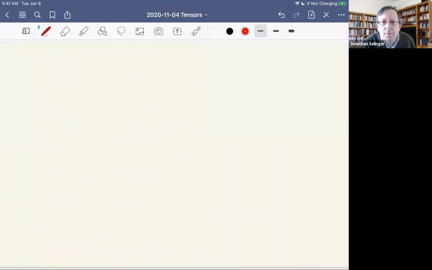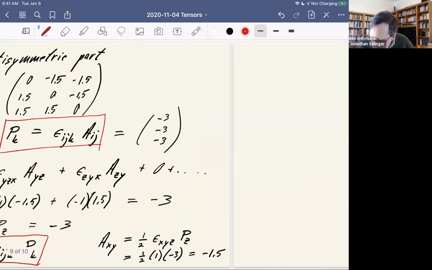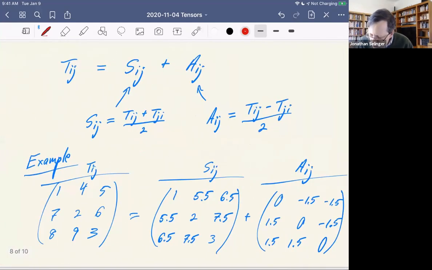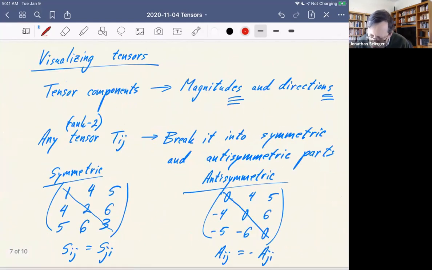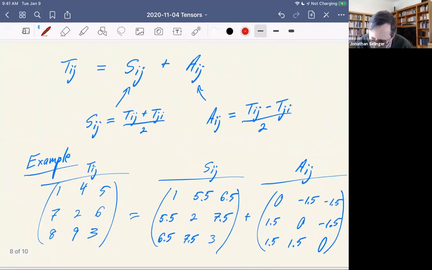Excuse me, please. Can I say that this antisymmetric part has 3 degrees of freedom? Yes, you can indeed say that. That would be a fine thing to say. You could say that the original tensor here has 9 degrees of freedom, and then we're breaking it up like this.